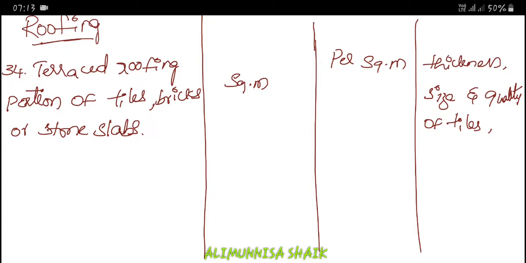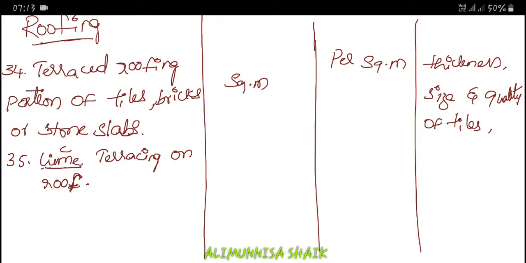Now, let us move to the next item. The next item we have is lime terracing. Lime terracing on roof. See, lime terracing is nothing but we'll be basically using the lime material instead of cement material.